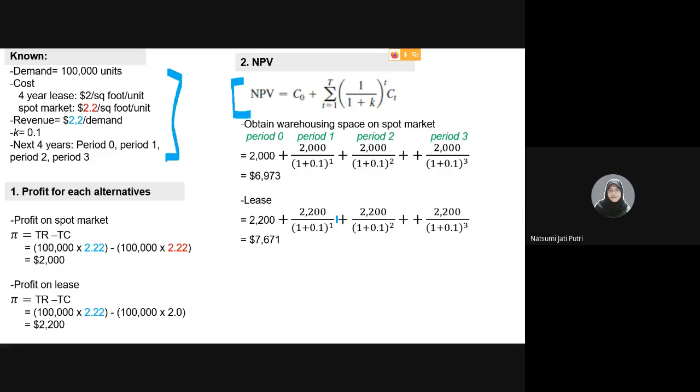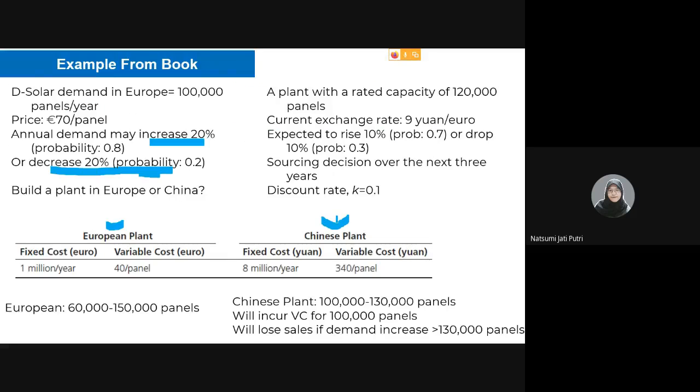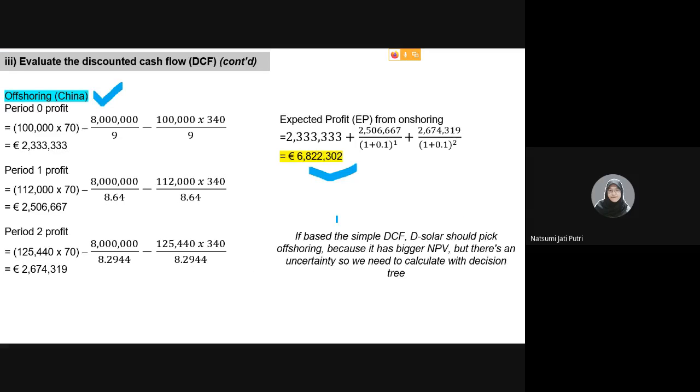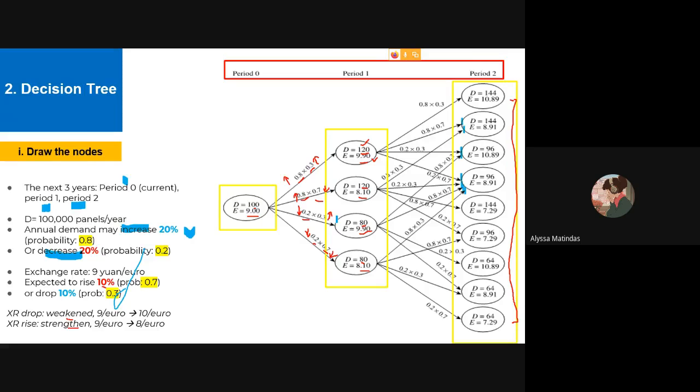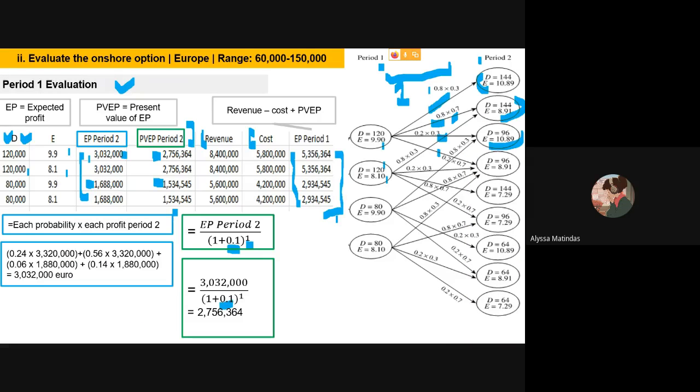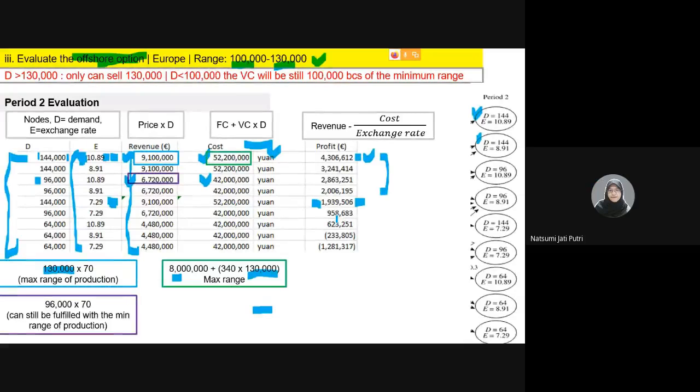Oke, ada yang mau nanya lagi? Sebenarnya mau nanya, nanti kita expected untuk hitung ini secara manual atau ada cara yang lebih cepat lewat Excel gitu ya? Nah, buat ujian gue kurang tahu sih boleh pakai Excel apa enggak.